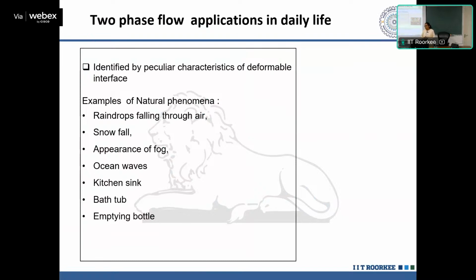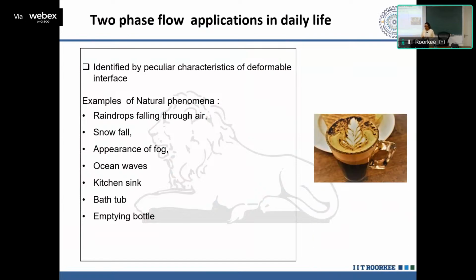If you use a bathtub, fill it with water, and suddenly open the opening at the bottom, while you are draining the bathtub there is a hissing sound. Why is the sound happening? It is because of vortex formation, an air-water interaction at the bathtub draining pipe. A similar thing happens in the kitchen sink also. So in day-to-day life we are also surrounded by these two-phase flow examples.